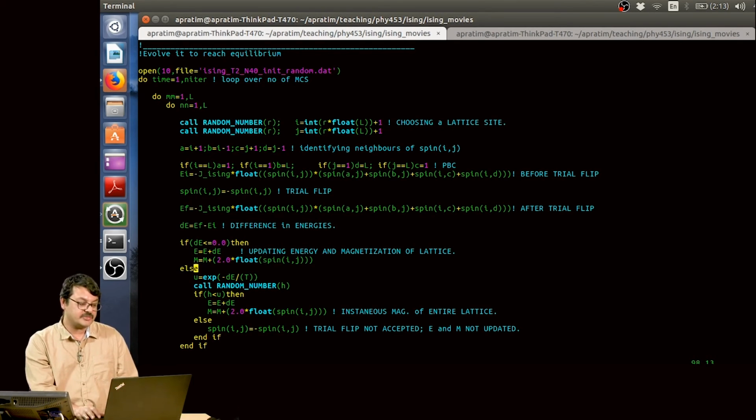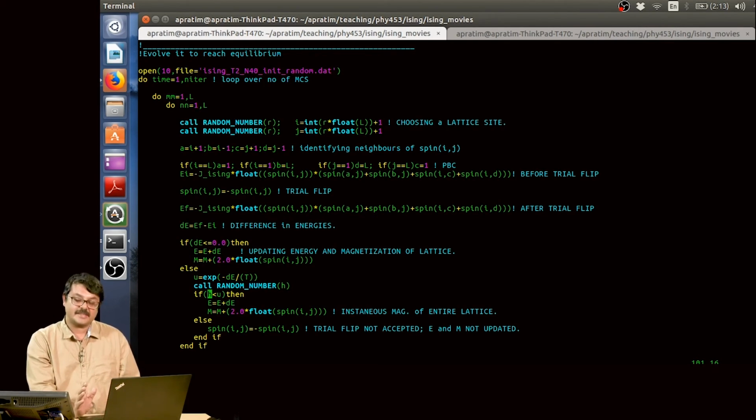But if dE was greater than 0, or so here just notice that this is less than or equal to 0, but if dE was greater than 0, this is the else condition for that, then you are supposed to accept the spin flip with probability e to the power minus delta E by kBT.